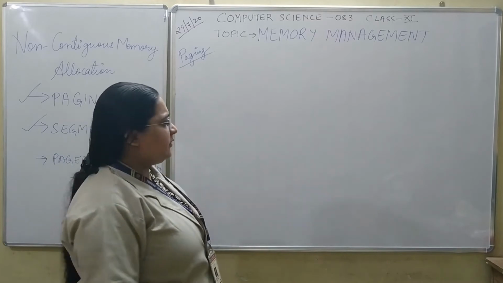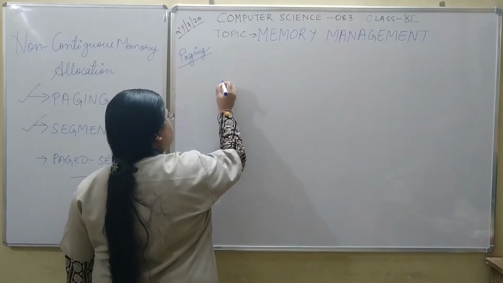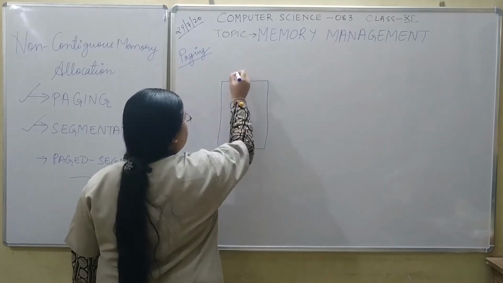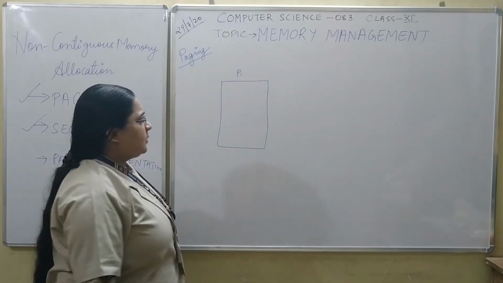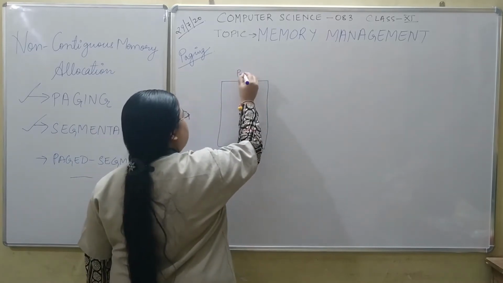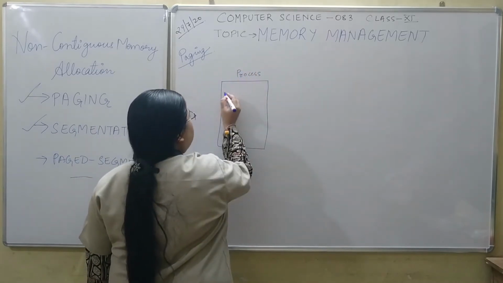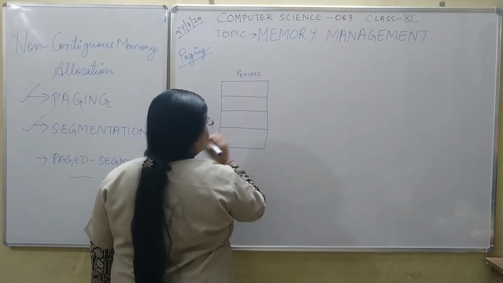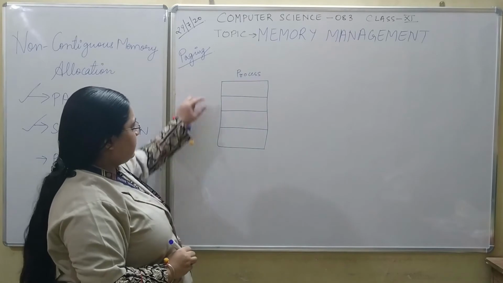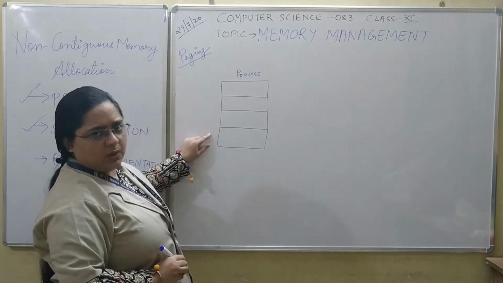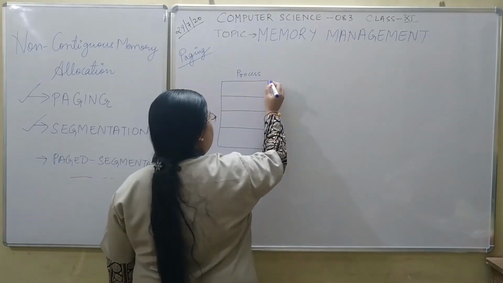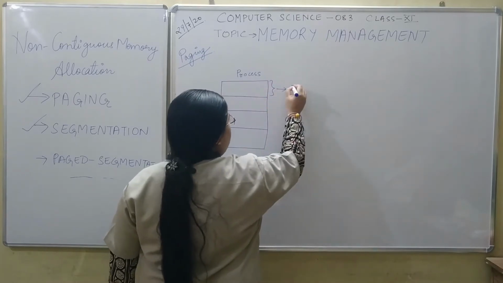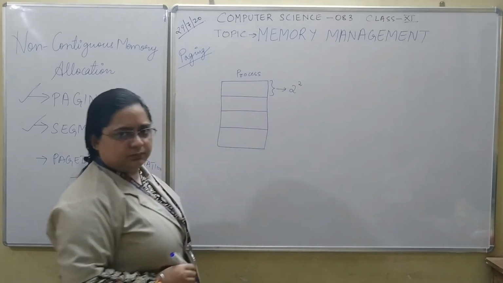Now what is the meaning of paging? When it comes to paging, students, your process, that is your program, is divided into equal sized blocks, and the size of each of these blocks is counted as a number of bytes that is a power of 2.